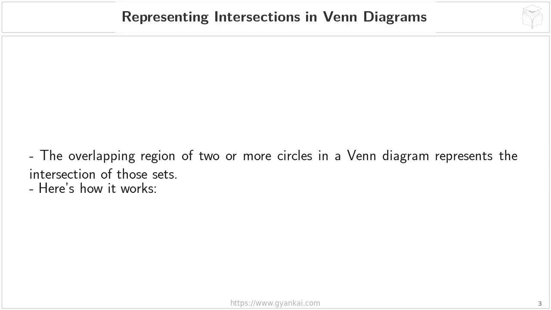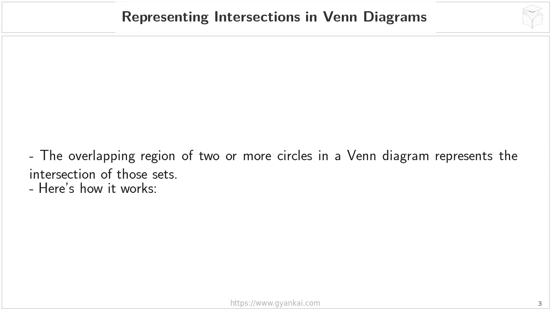Think of it like this. Everything inside that overlapping area is a member of all the sets the circles represent. We've already talked about how the intersection is denoted by a special symbol. We say it as A intersection B. If we're talking about the intersection of sets A and B, this overlapping region is the visual equivalent of writing out A intersection B. The slide then simply indicates that we're going to walk through the steps of how to create this visual representation, and the following slides will do just that.